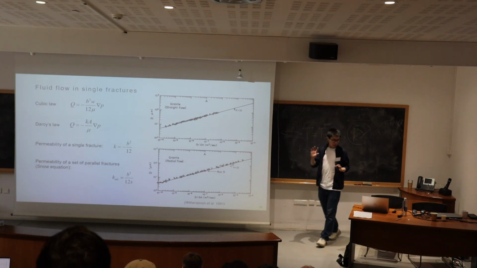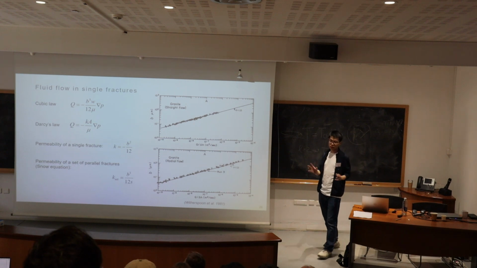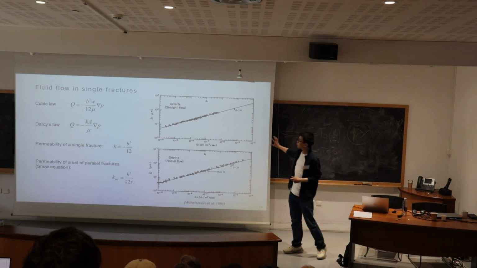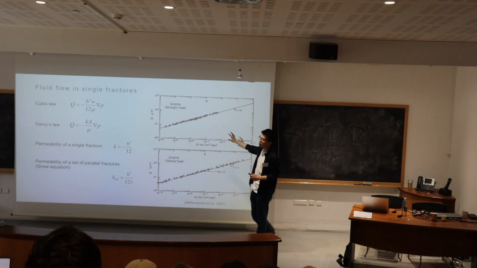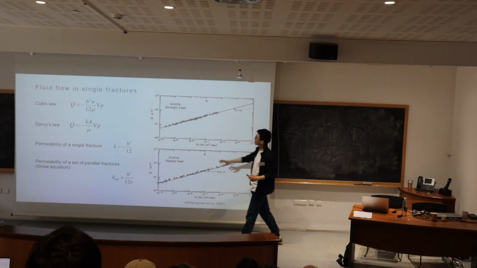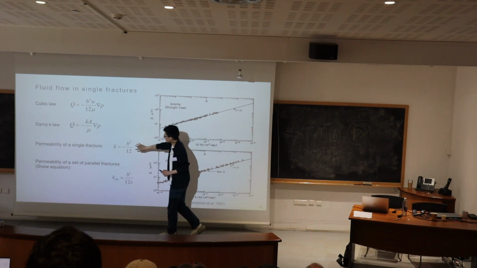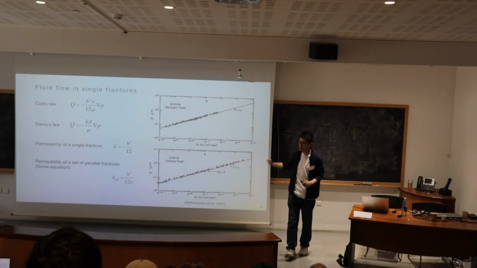Having talked about the mechanical behavior of the fractures, now we come to the fluid flow, and this is the cubic law. I think everyone knows this. Based on the cubic law, we can derive the permeability of a single fracture, which is related to the aperture.